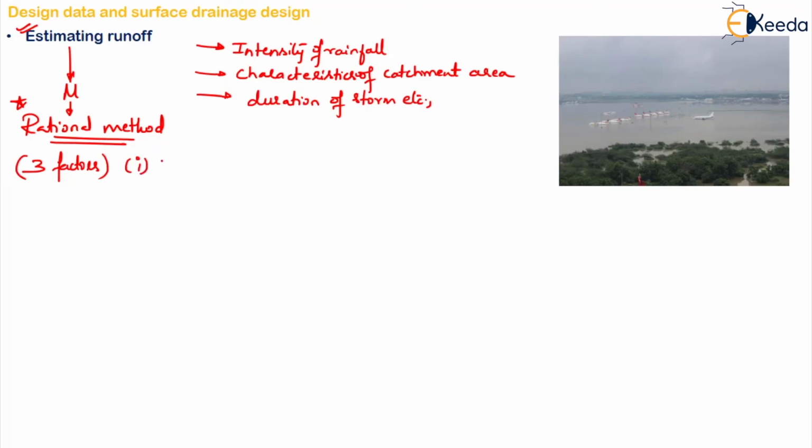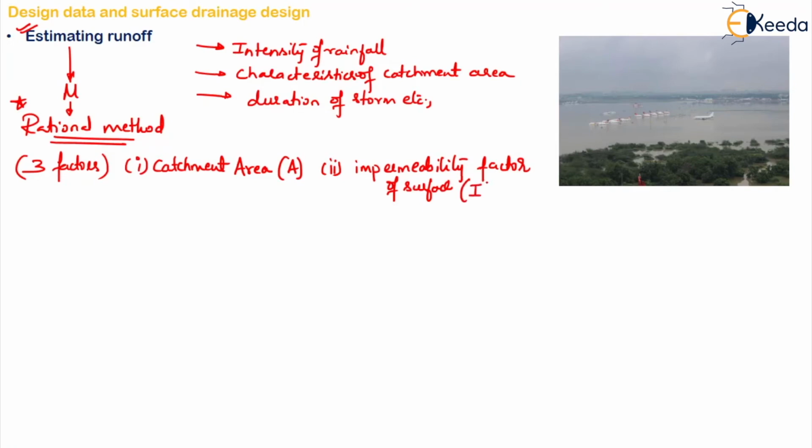The first one is the catchment area, which we can call capital A. The second one is the impermeability factor of the surface of the catchment area, and this is given as capital I. And the third factor is the intensity of rainfall, which we can call capital R.